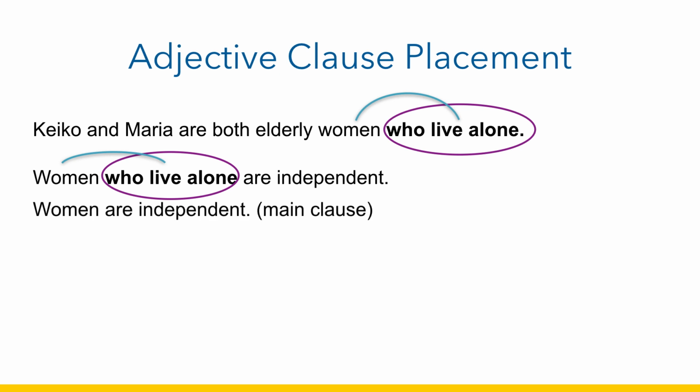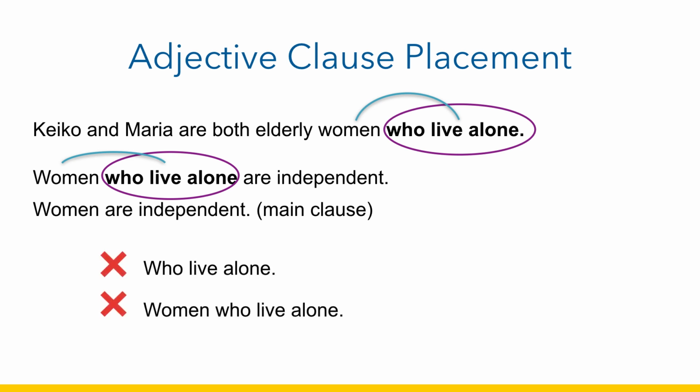So the main clause here is women are independent. Which kind of women? Women who live alone. Who live alone and women who live alone are not complete sentences. So just remember, whenever you have an adjective clause, you need a main clause to make it a complete sentence in writing.